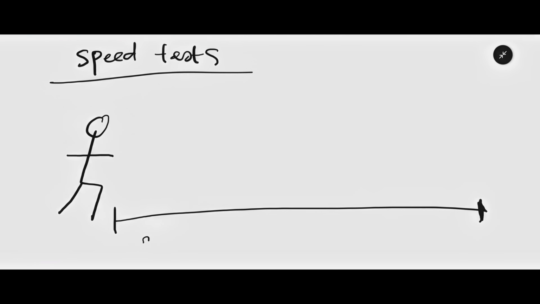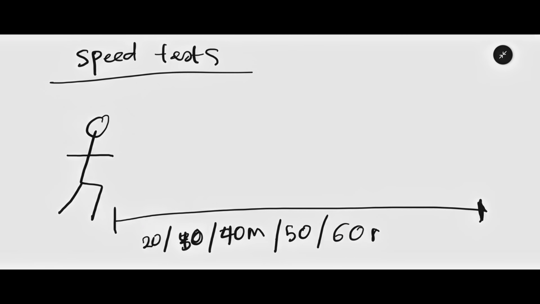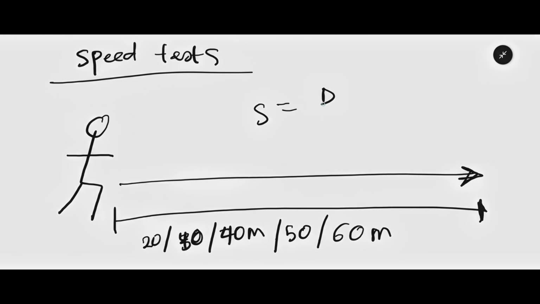For this spec, it can be 20 meters, 30 meters, 40 meters, 50 meters, or 60 meters sprint distance, and you just time how quickly they can cover that distance, and you use that to measure their speed. So speed is distance over time, or you can just stick to measuring the time that that distance is being covered over.